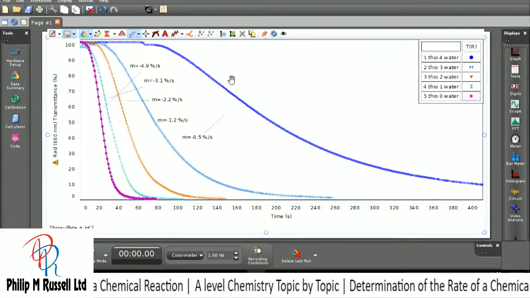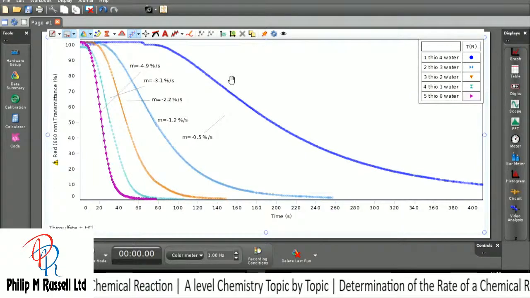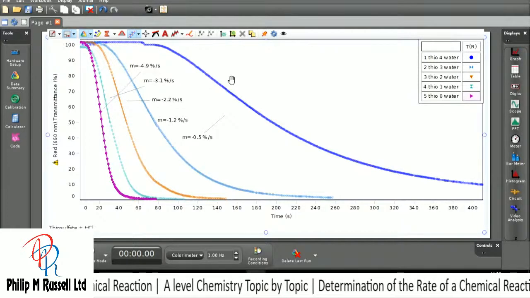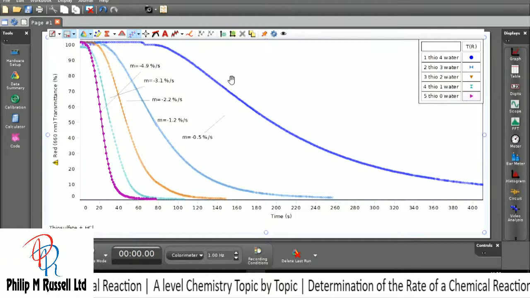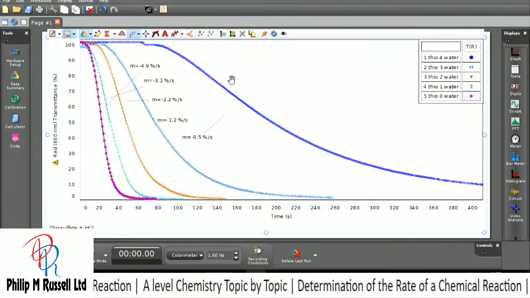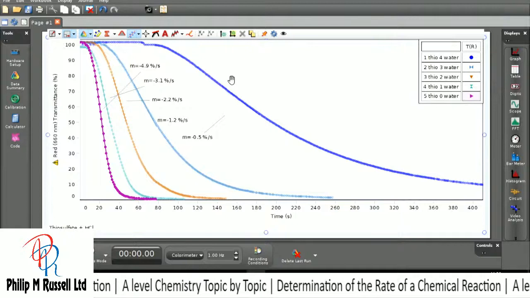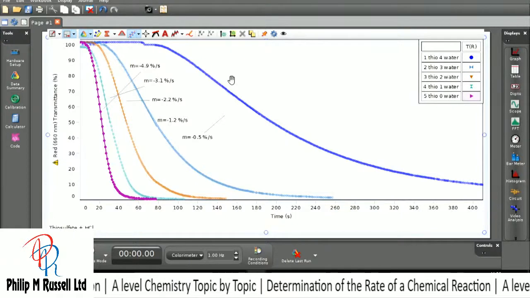And we can see we've got this set of rates. So I've measured my experiment, and sometimes we can do an experiment like this where we've got a change.